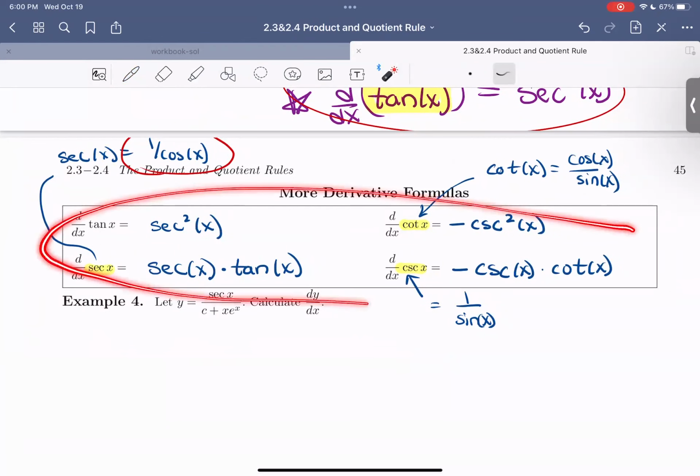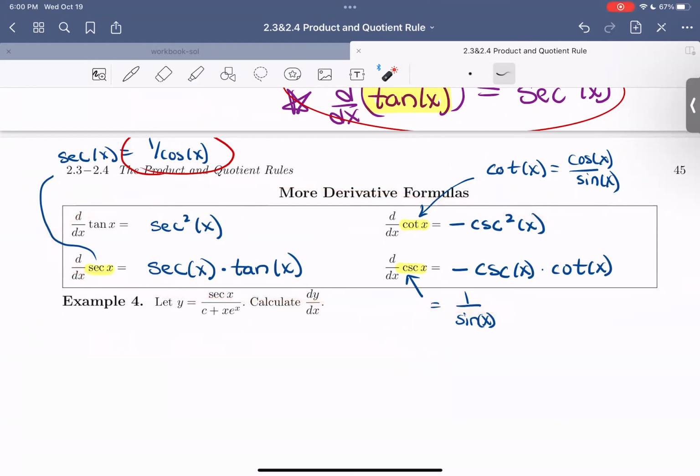You can also know that if you are ever asked to compute a derivative of one of these trig functions, you could always resort to rewriting the function in terms of sines and cosines and computing the derivative yourself. But let's now look together at an example of using these new shortcut formulas.